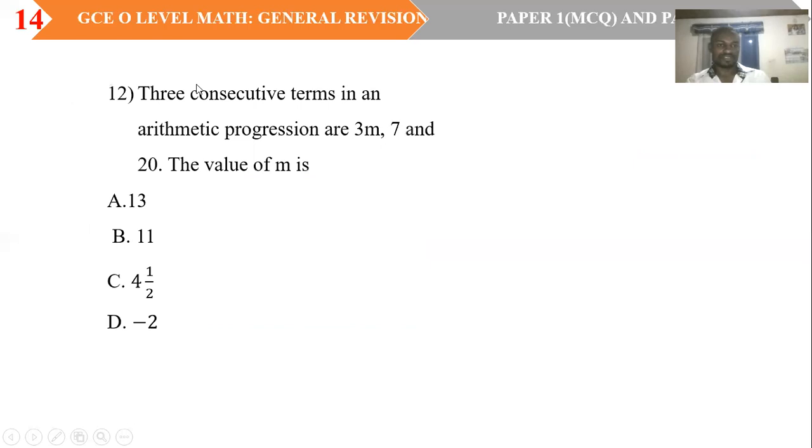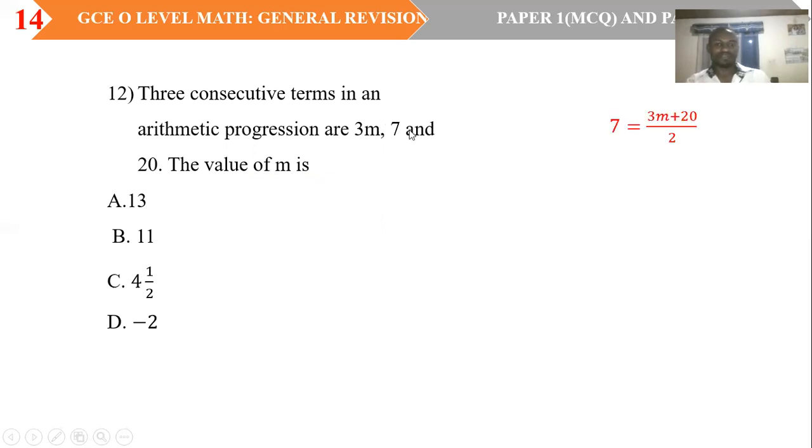Question 12. Three consecutive terms in an arithmetic progression are 3, m, 7, and 20. The value of m is, it should be noted here that whenever we talk of an arithmetic progression, if we have three consecutive terms that form an arithmetic progression, the middle term must be the arithmetic mean of the two other terms.